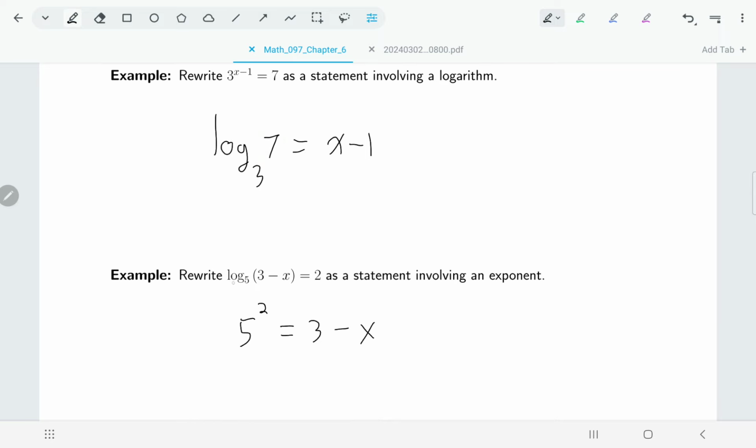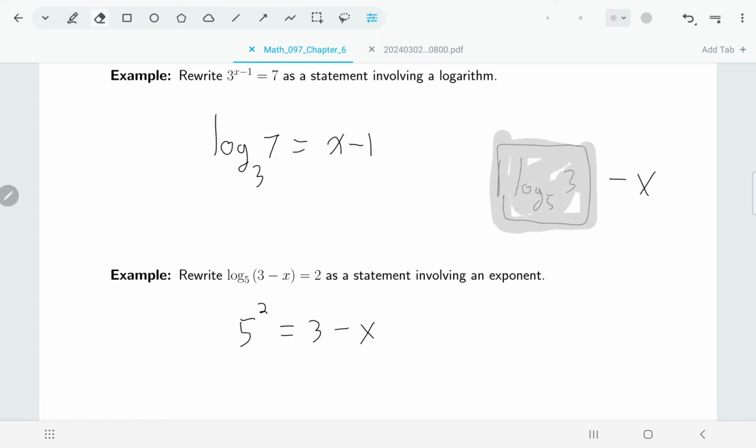But for something like log base 5 of 3 minus x, where I have a two-term expression going into my logarithm, I really do need brackets there, because if you just wrote log base 5, 3 minus x, I would interpret this without brackets as 3 being the only thing going inside the logarithm, and that this x is a separate term altogether.